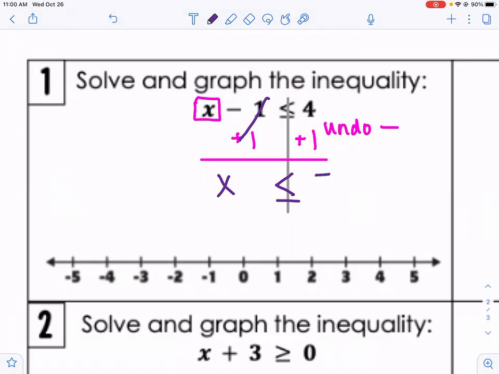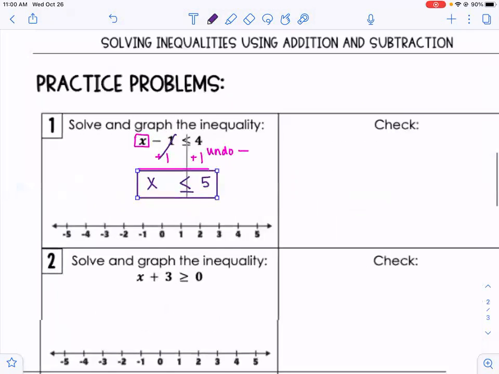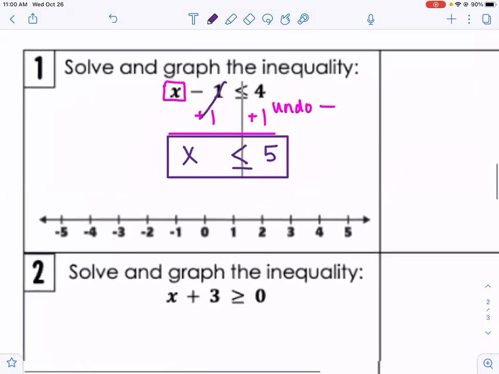4. X is less than or equal to 5. Okay. Oh, we need to graph it.